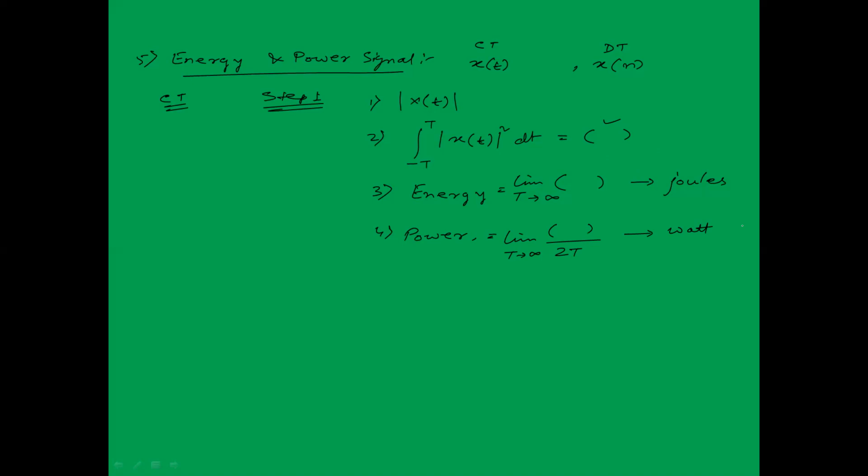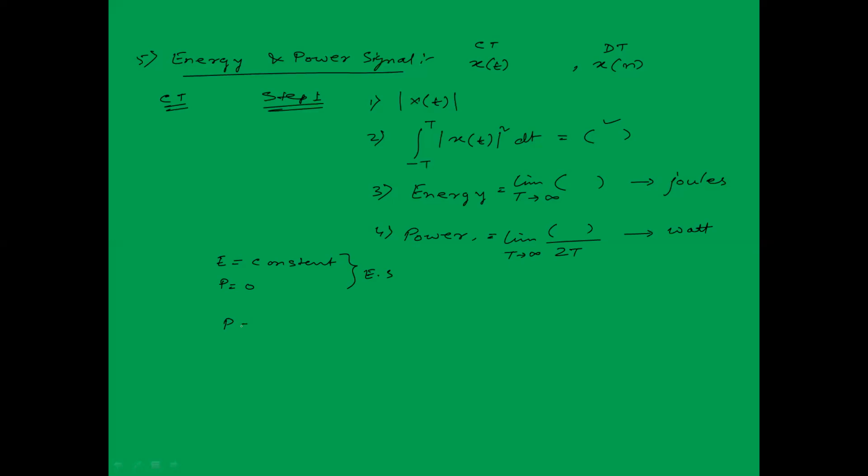Now again I have a condition: a signal can't be both an energy and a power signal at a time. So if I have a constant value of energy and power equal to 0, then this is known as an energy signal.